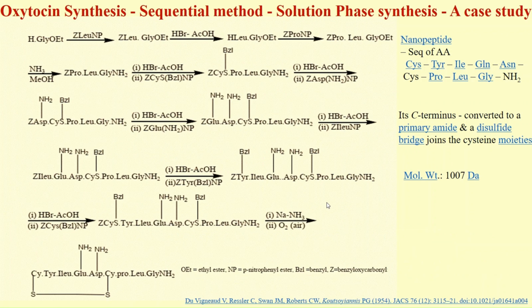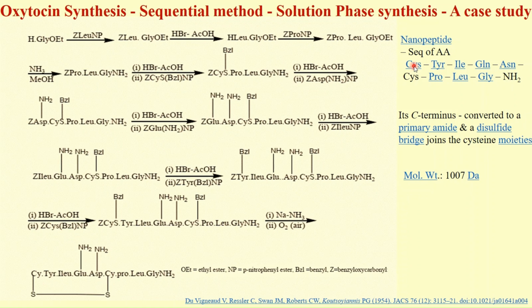Oxytocin is a nonapeptide. Oxytocin has the following amino acids: glycine amide linked with leucine, linked with proline, cysteine, asparagine, glutamine, isoleucine, tyrosine, and cysteine.